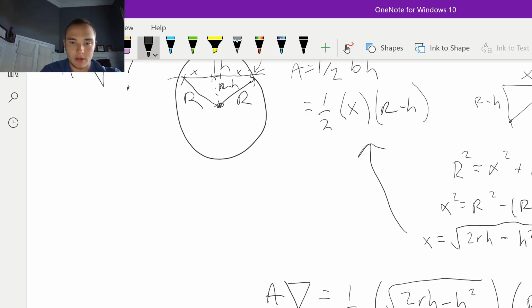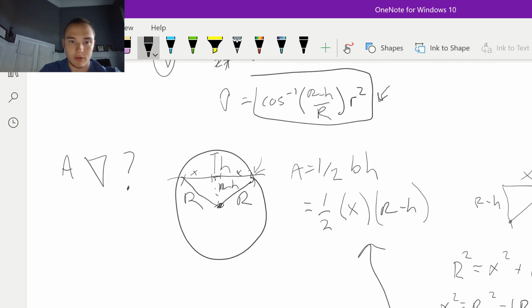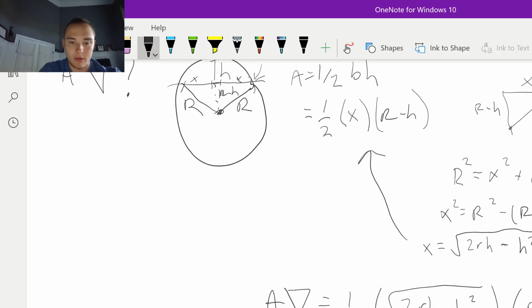So for our area of the sector, if we scroll back up here, we know that the area of the circular sector was the negative cos r squared times the negative cos of r minus h over r. And then, we have the area of this, we can just subtract the area of the triangle. But we do have two of these triangles right here, so we do need to multiply this by 2.